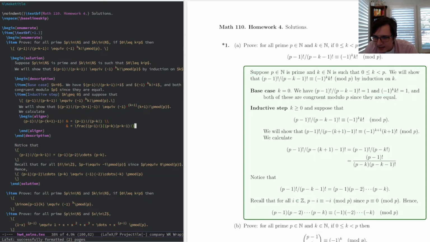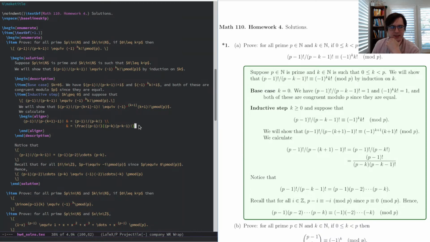Let's see. So we got that. Just trying to think of how I'm organizing this. Okay, I guess I'll turn this into one line.